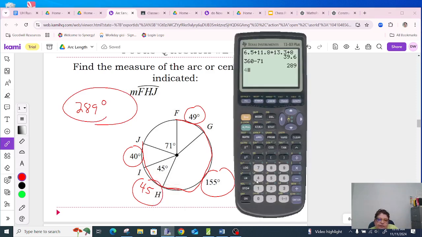Or you could have done 49 plus 155 plus 45 plus 40, and I should get 289. Yep, either way. Right? Any questions on that?